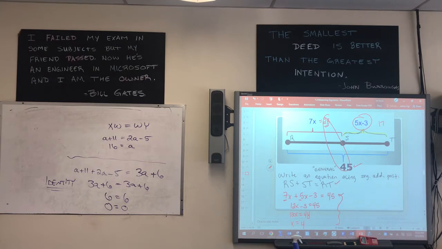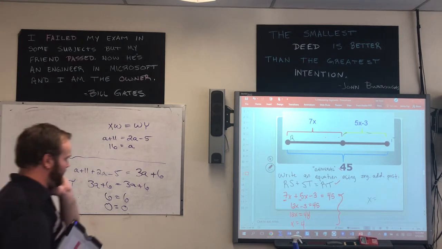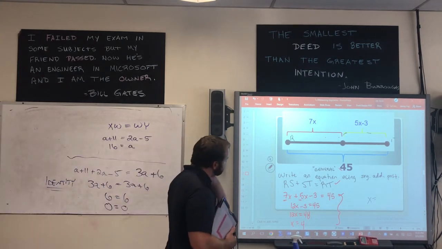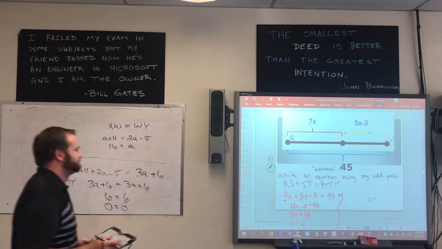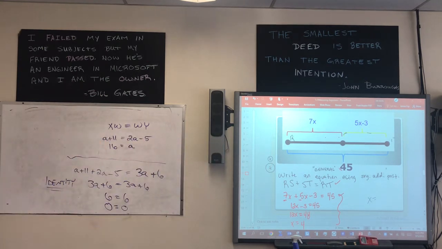So let me give you an example of what it would look like if you did something wrong. Let's say you found x to be, I don't know what a common error in that question would be, but let's just say you found x to be 5, just to quicken things here. If x was 5, I come up here, plug things in, you'd get 35 there, right?